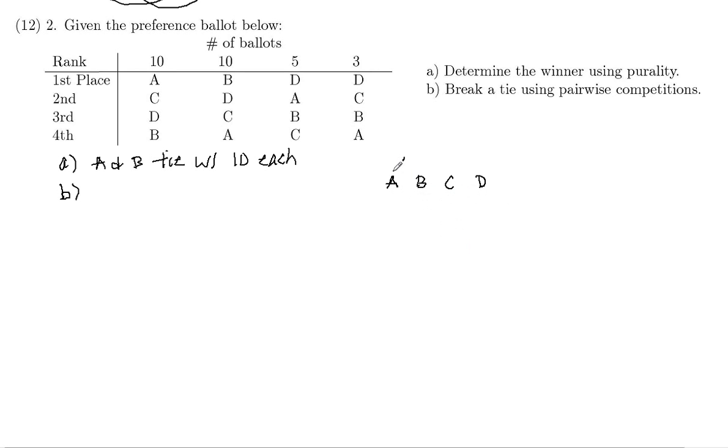Did I do this? A versus B, A versus C, A versus D. B to A we've already got. B to C, B to D, C to A and C to B we've got. C to D, and then D is already connected with everything else. So A to B.